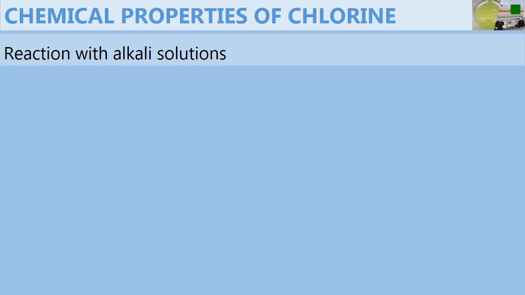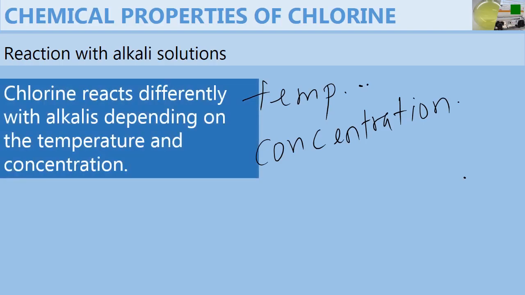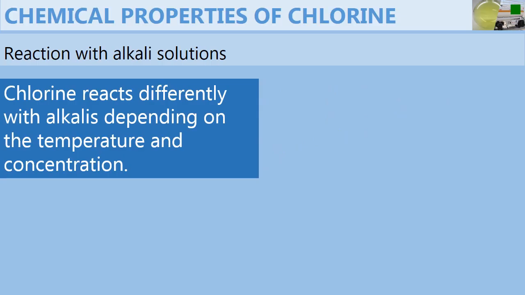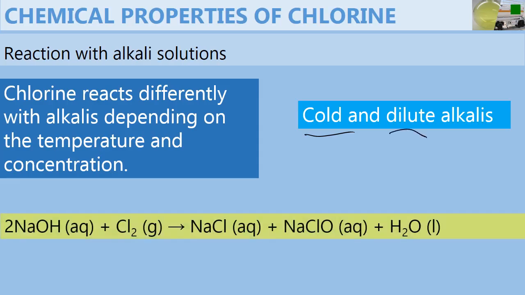The reaction of chlorine with alkali solutions depends on the temperature and concentration of the alkali. To begin with, if the alkali is cold and dilute, then the reaction takes place as follows.